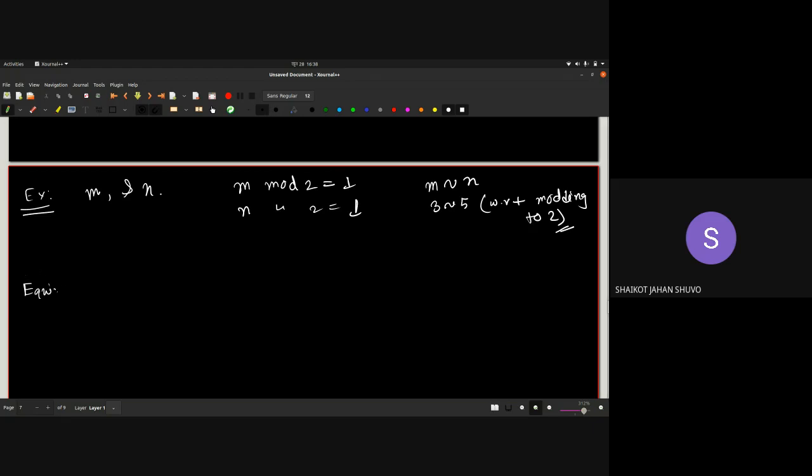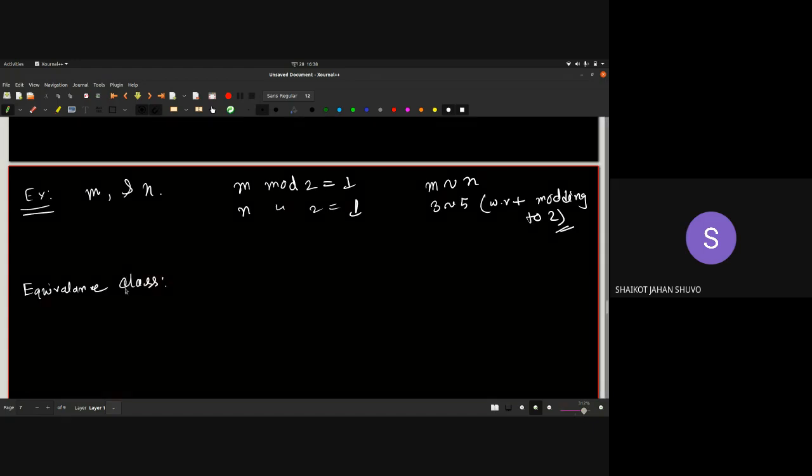So let's talk about the equivalence class right now. The definition of equivalence class goes as follows.